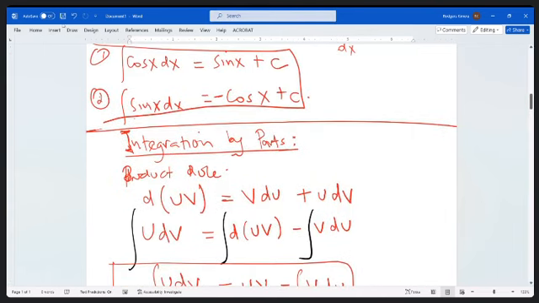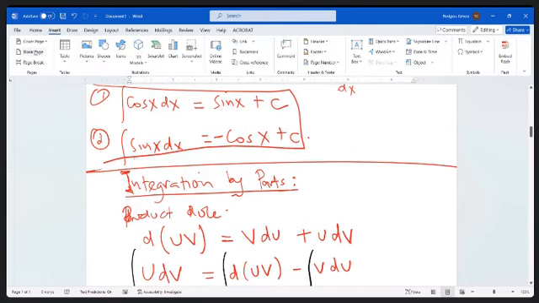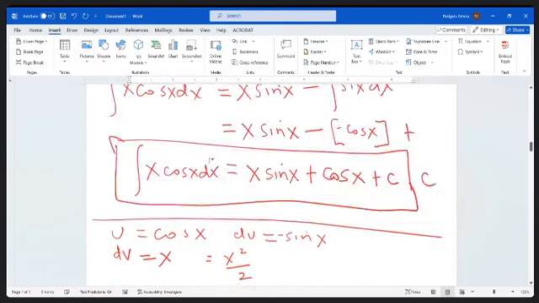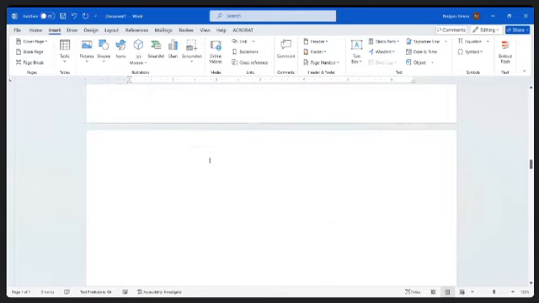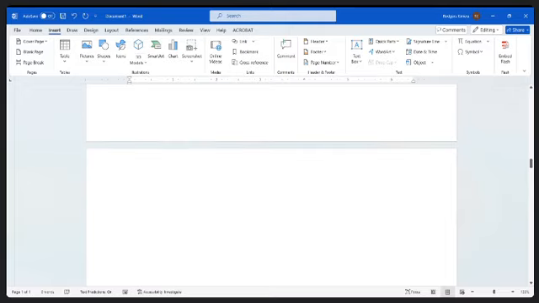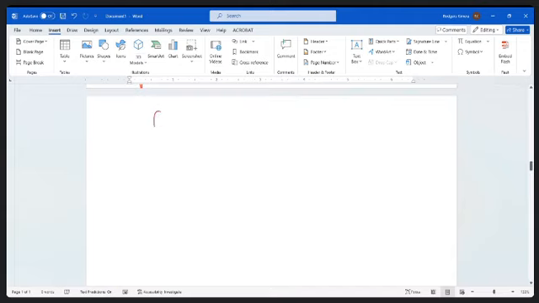Insert a new blank page. Let's integrate x e power x with respect to x.